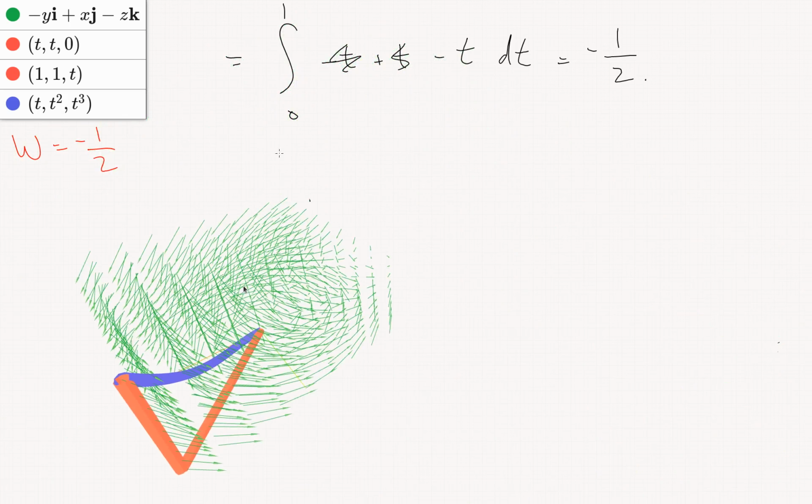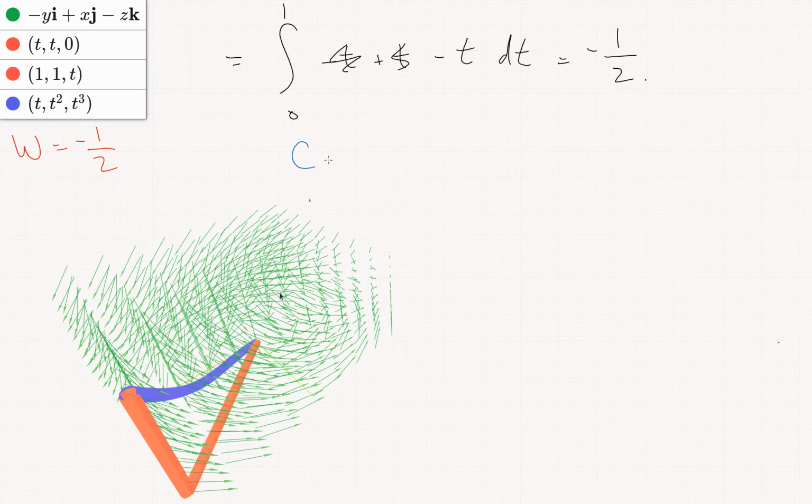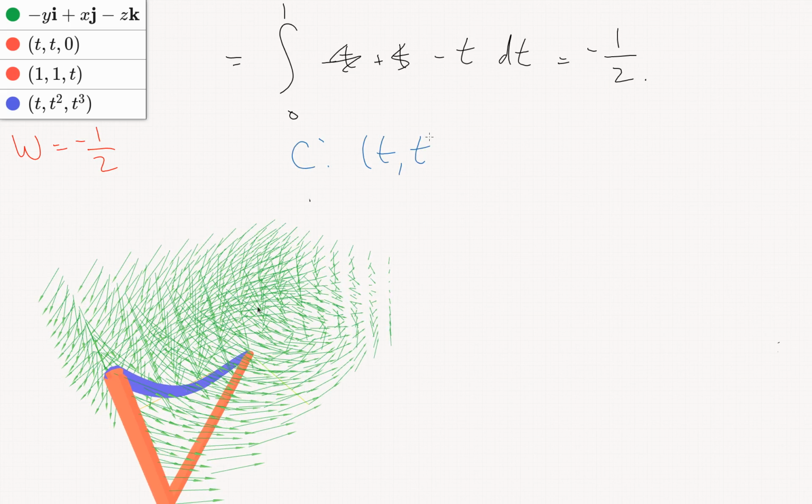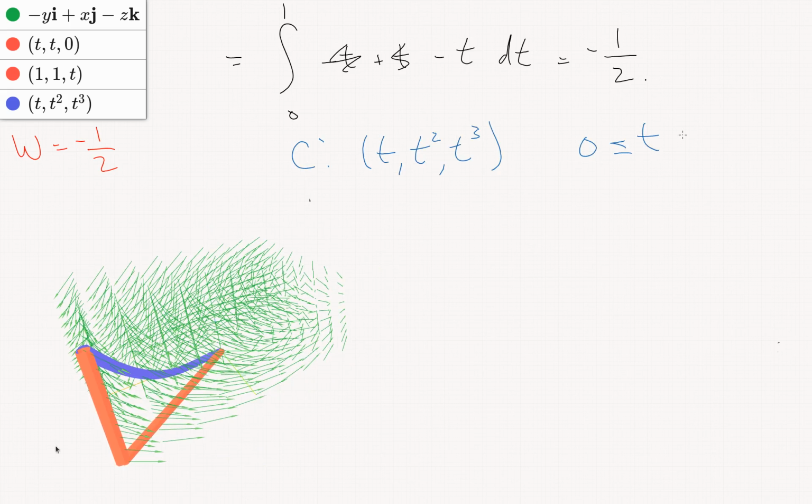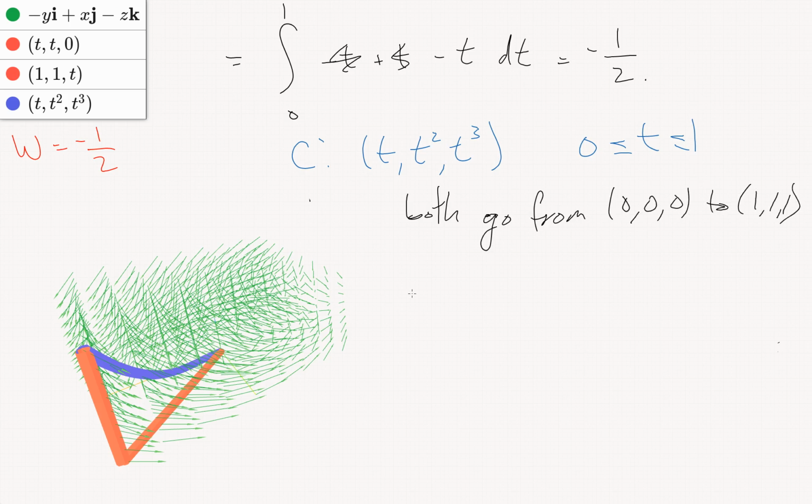And now the blue curve is where r(t) is (t, t squared, t cubed) for t between 0 and 1. Notice these are both curves that go from the origin to (1, 1, 1).